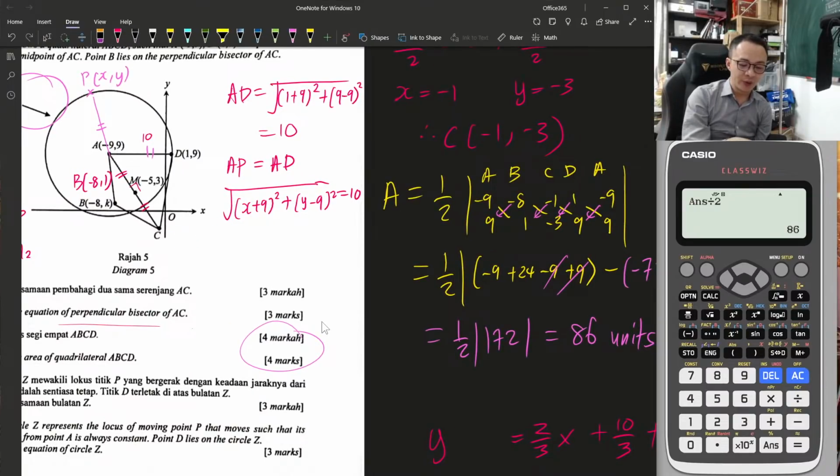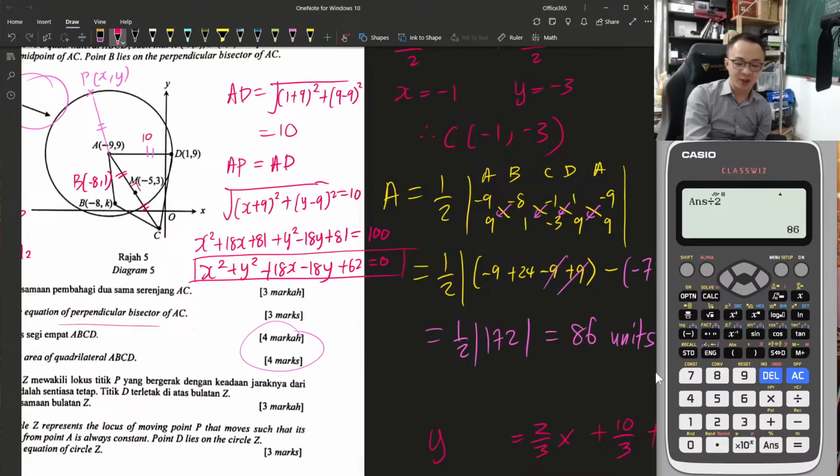We get x squared plus 18x plus 81 plus y squared minus 18y plus 81 equals 10 squared, that is 100. So x squared plus y squared plus 18x minus 18y plus 162 minus 100 becomes 62, equals 0. So this is the equation of the locus we are looking for.